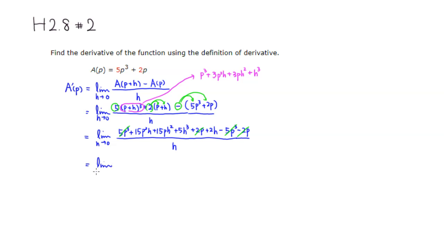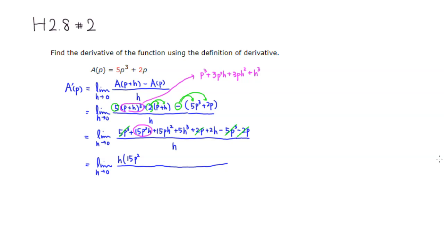The leftover terms on top have at least h in common. So I'm going to pull h out. So factor h out. So h is pulled out, and what's left is 15p squared.